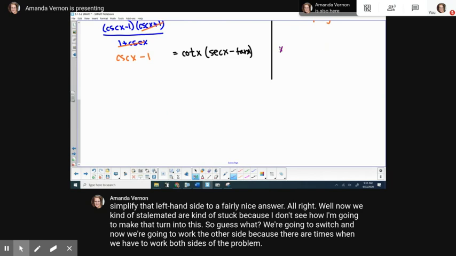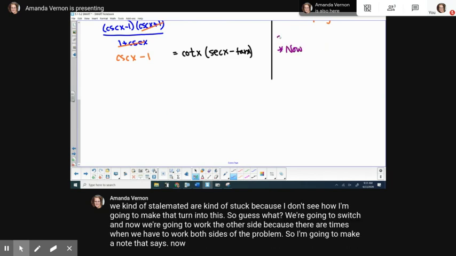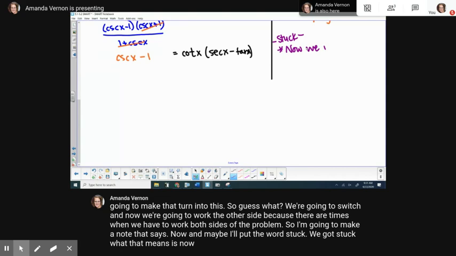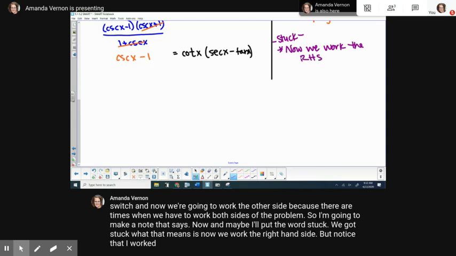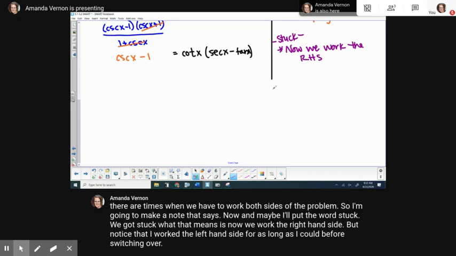So I'm going to make a note that says now, and maybe I'll put the word stuck. We got stuck. What that means is now we work the right-hand side. But notice that I worked the left-hand side for as long as I could before switching over. All right, so we're going to work the right-hand side.